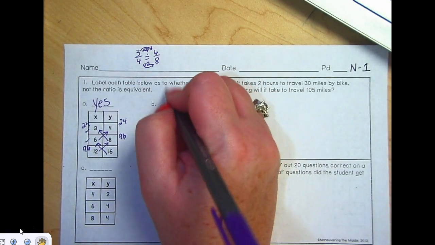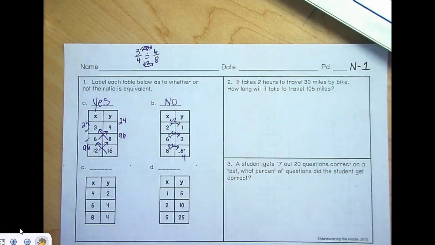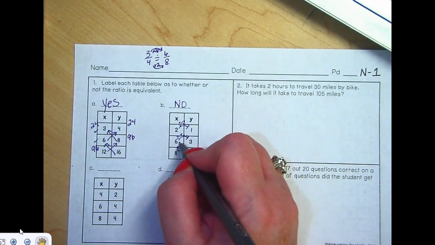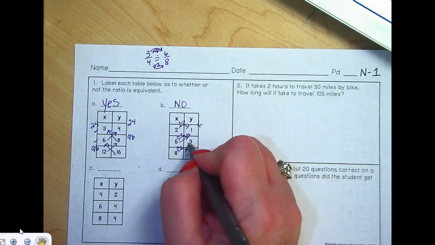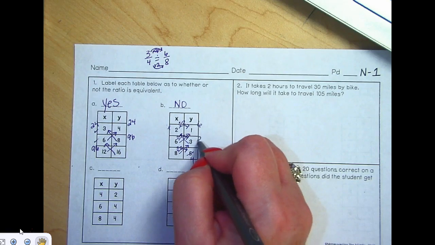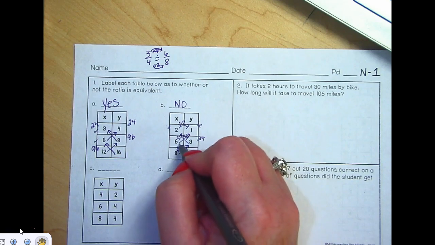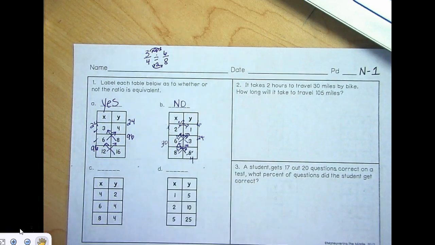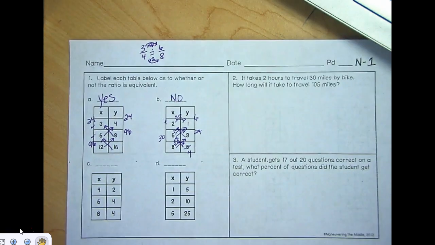So are these equivalent? No. Could you also cross multiply? 6 times 1 is 6. 2 times 3 is 6. 8 times 3 is 24. And 5 times 6 is 30. So because I get a 30 here and a 24 here, that's also no. Do you see all the different ways you can solve these?